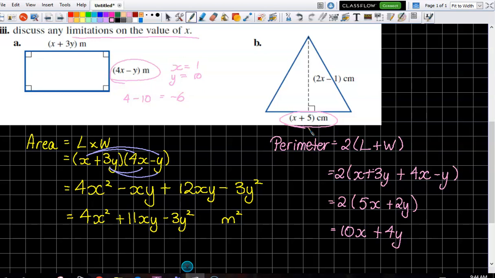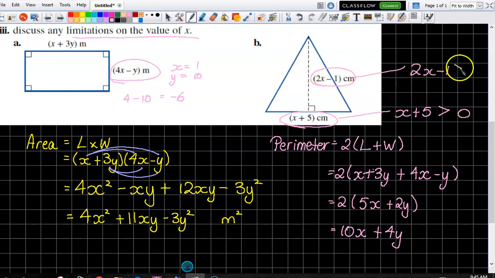No, because then you'd have a dot. Yep, so we'd say here, x plus 5 has to be greater than, do you remember your greater than symbols, greater than 0. Similarly with this one, we'd have to say 2x take 1 is greater than 0. So it has to be bigger than. So just think about some of those things. That's where I can make a question a little bit trickier.